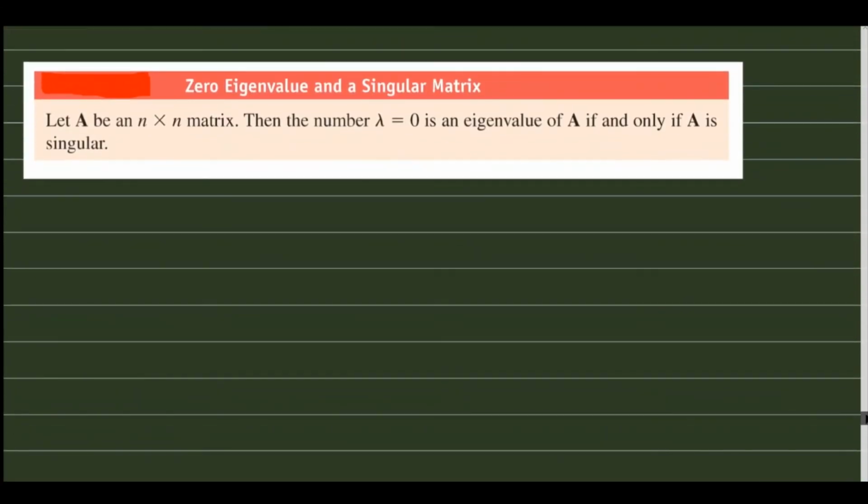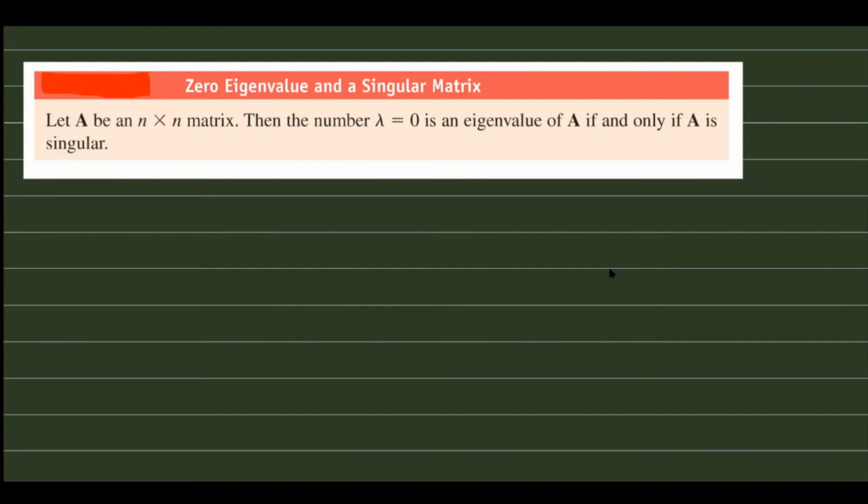Next we will prove a relation between the singularity of the matrix and the eigenvalues. Let A be an n by n matrix. Then the number lambda equal to 0 is an eigenvalue of A if and only if A is singular. Singular means its determinant is 0.